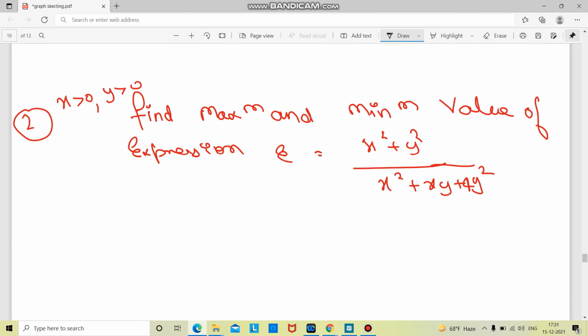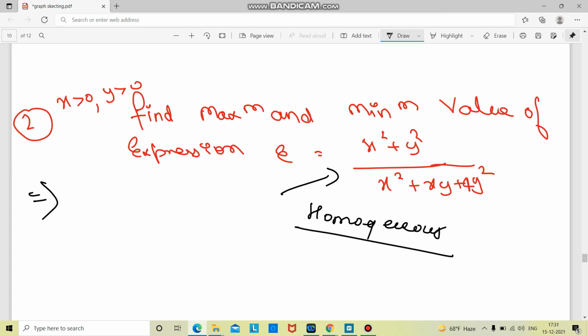Now we will take the second question which I have written. Find the maximum and minimum value of this expression. We can see that this is a homogeneous equation in which each term's degree is 2.